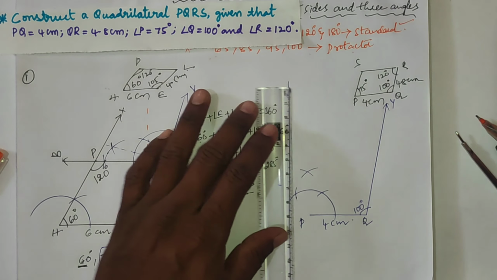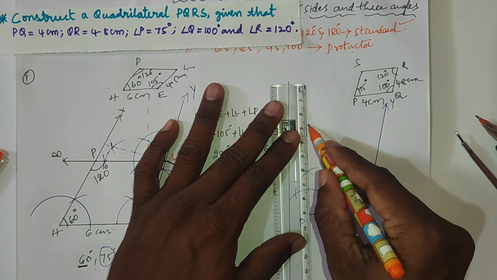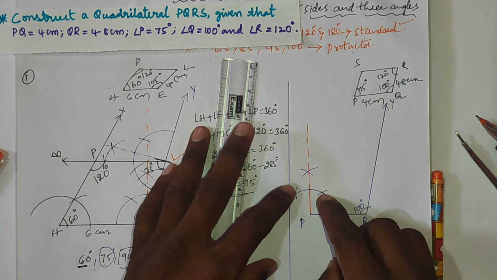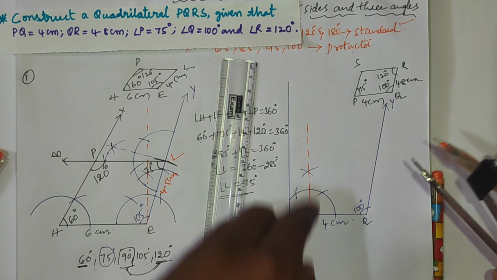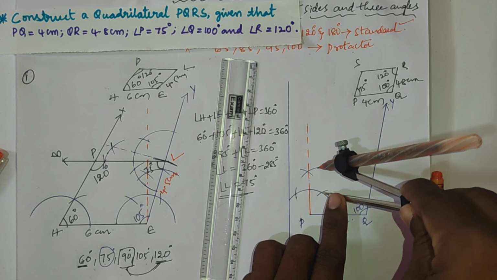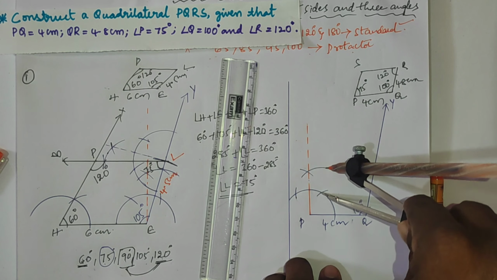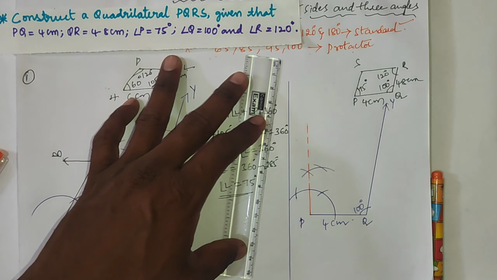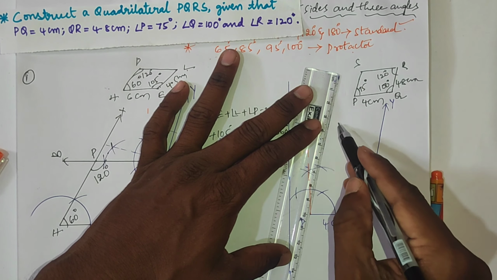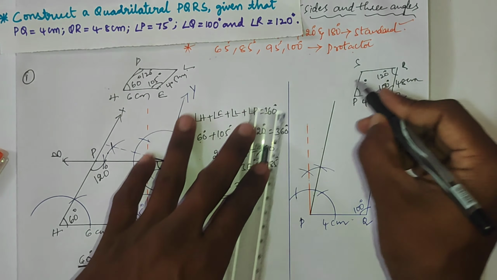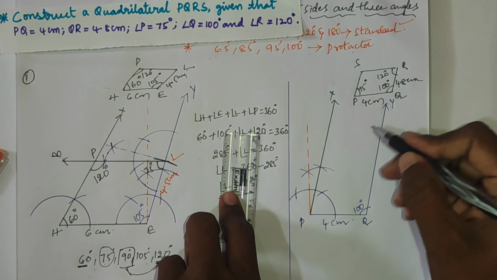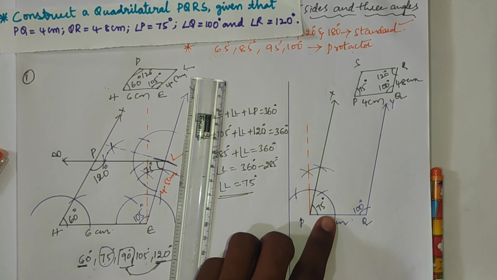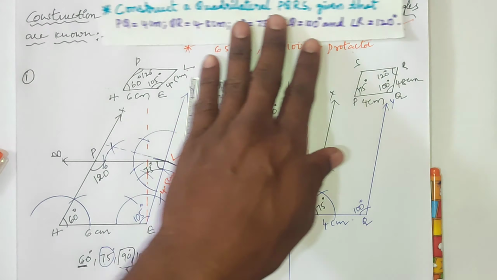Now between 60 and 90, what is required? 75 degrees, right? Taking 60 as the center, drawing an arc, taking 90 as center, cutting that arc. Yes, we got the intersecting point. This is the required angle 75 degrees. Suppose PX is a ray, the measure is 75 degrees. Clear?